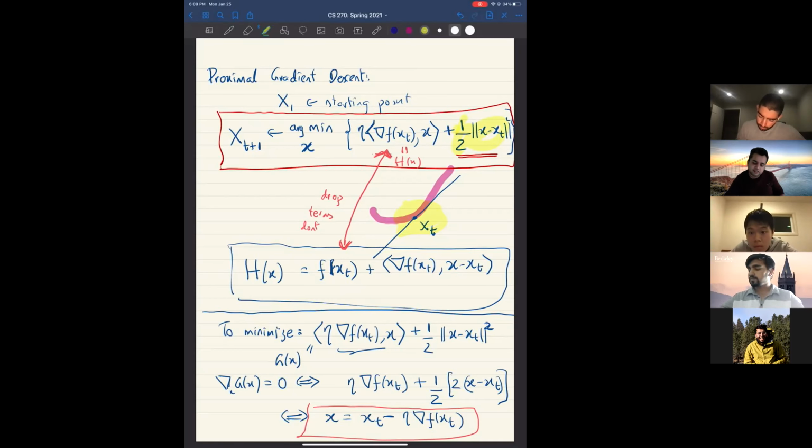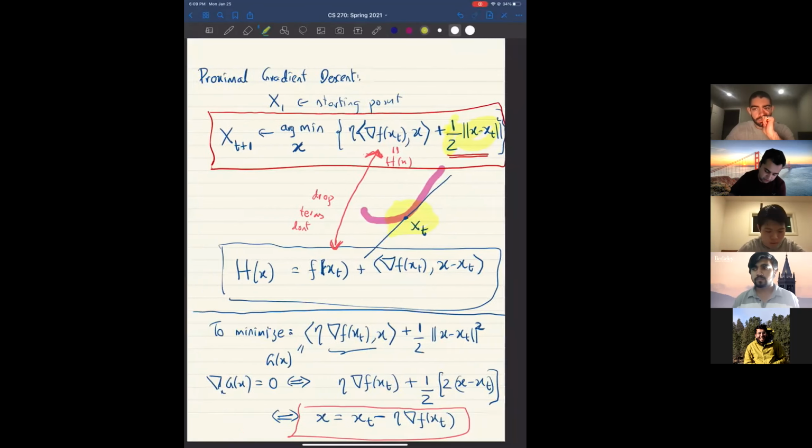Depending on what regularizer I use, I will get a different algorithm. You can imagine putting down any regularizer, but there are some properties of the function that you want, which will actually make the analysis simpler, right? Which will help you analyze. So that's what we'll do.